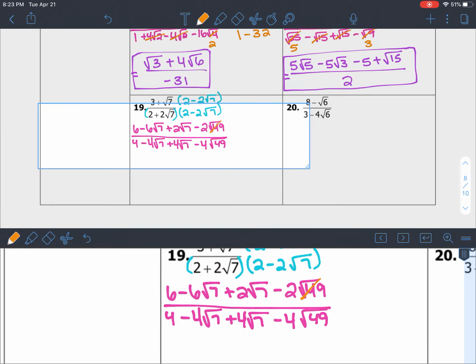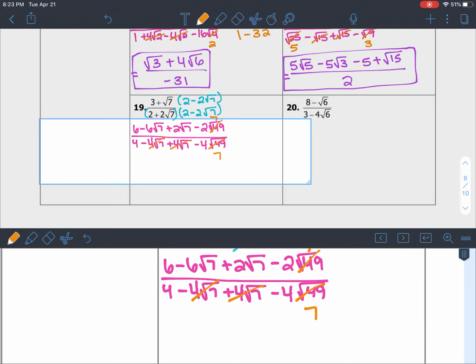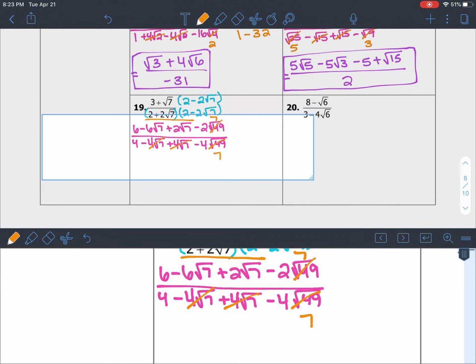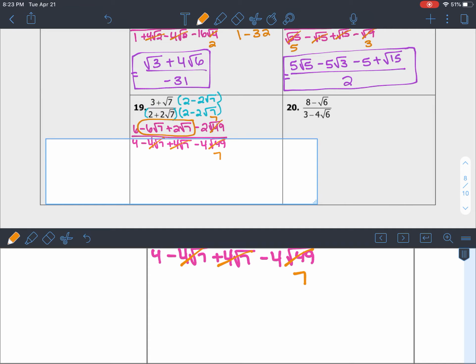From here, we see what we can simplify. So down here on the top, we can simplify this to a 7. On the bottom, we can also simplify that to a 7, and we can cancel out our middle terms. So what else we can do here is combine these two. So I'm going to have negative 6 plus 2, and I'm going to end up with negative 4.